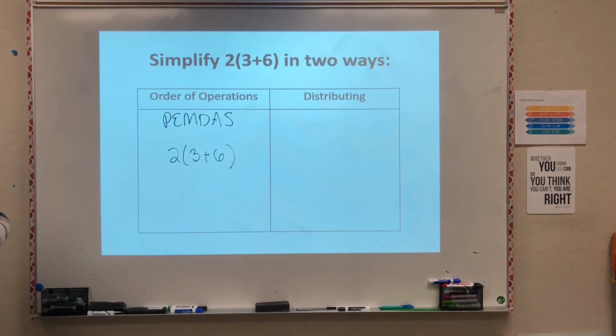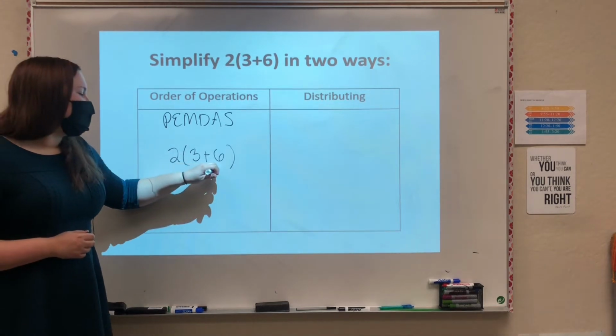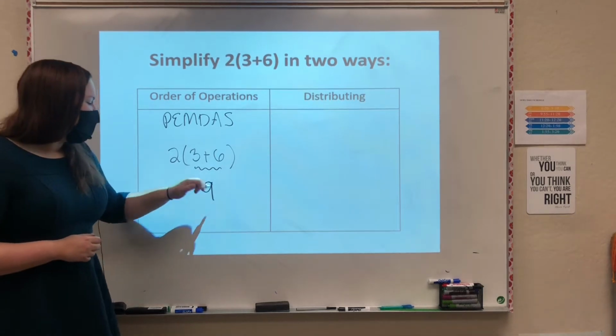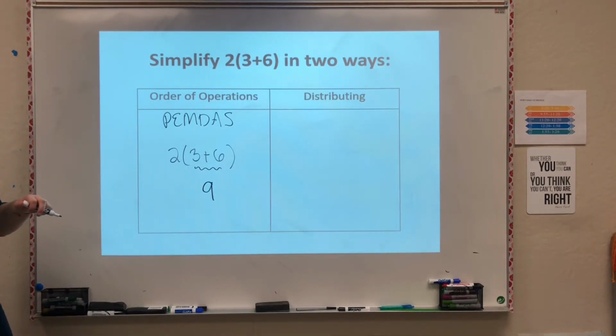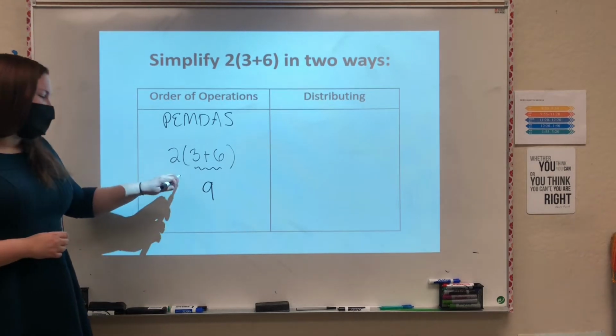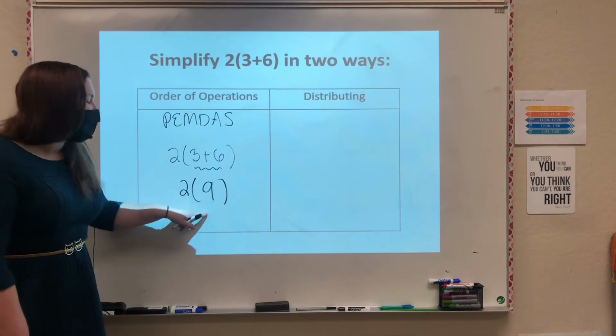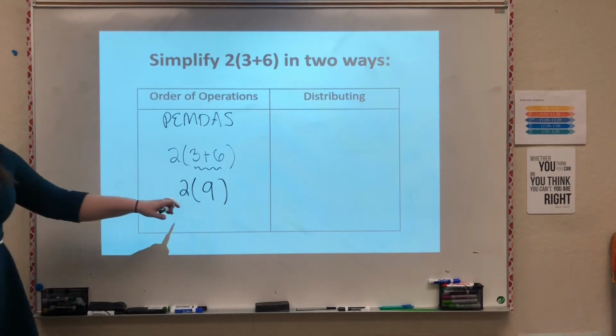The parentheses. Yep, P is for parentheses, so we would do that and get 9. Then what? Then you would multiply the 2 with the 9. Yep. So I'm just bringing down that 2, bringing down those parentheses because they're telling me multiplication, and then we could do the 2 times the 9, which gives us 18.